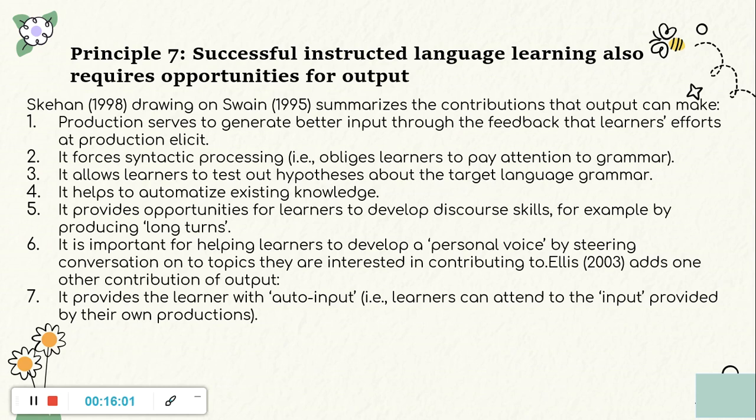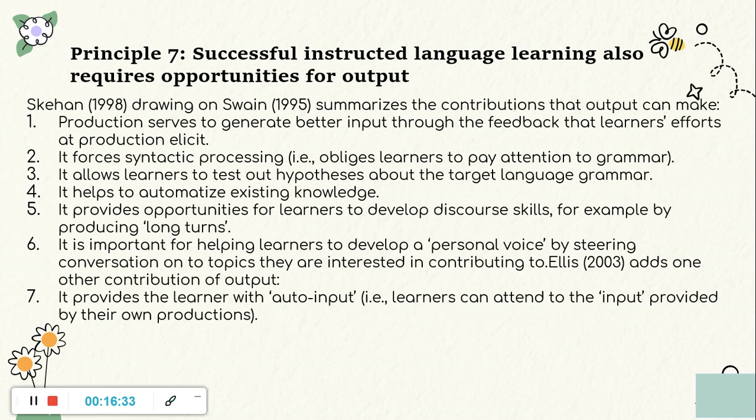Principle number 7 is about how successful instructed language learning also requires opportunities for output. Skehan, 1998, drawing on Swain, 1995, summarizes the contributions that output can make. First, production serves to generate better input through the feedback that learners' efforts at production elicit.